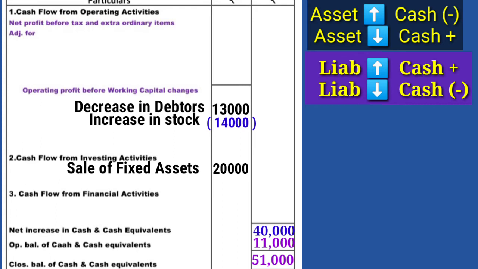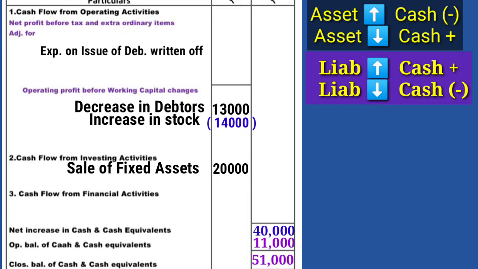All non-cash expenses except outstanding and prepaid we will record below the net profit at the top. So I will write expenses on issue of debentures written off.